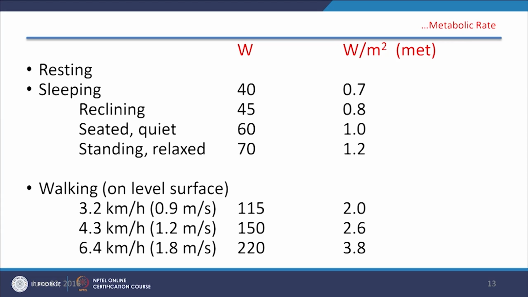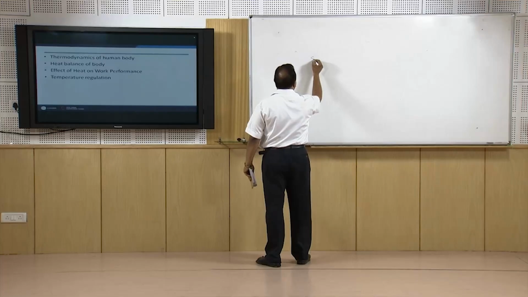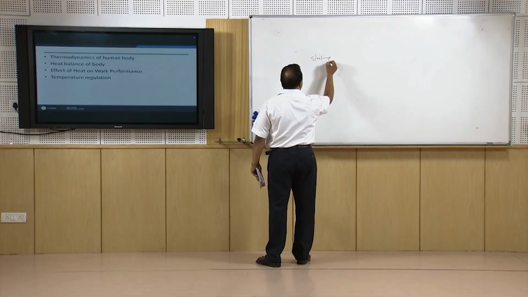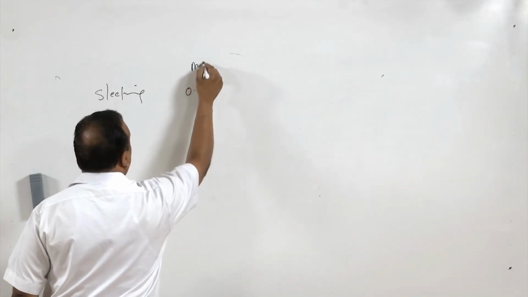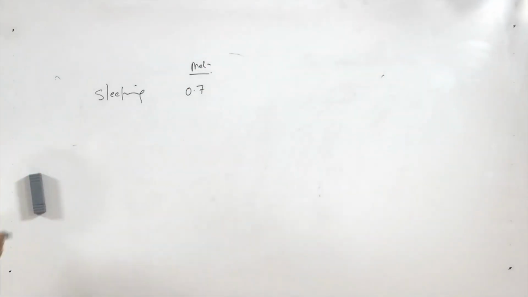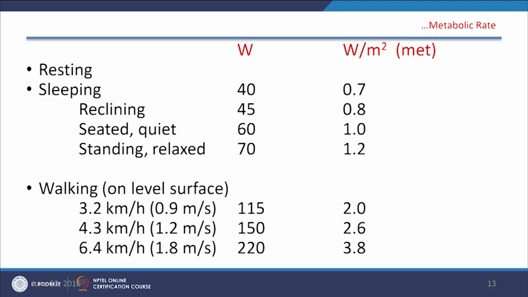Now, I will take the activities one by one. For example, when you are sleeping, the activity is 0.7 met. Just to have an idea, as an engineer, you should have numerical values, that gives you a sound idea.